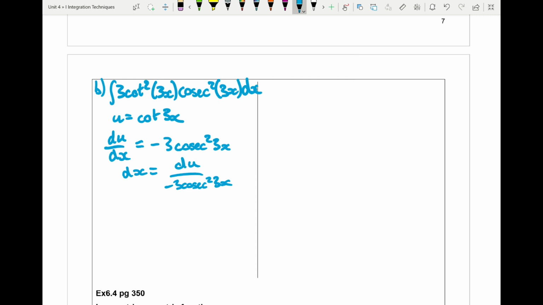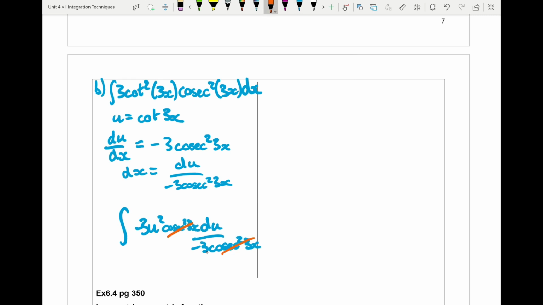All right, so doing our substitution, our integral now looks like this. It's negative u squared times 3, but then we also get du on negative 3 cosecant squared of 3x, and then we also have, let's actually move this a bit to the right because I forgot our middle term of cosecant squared 3x. So we get some cancellation. We get that those two cancel out.